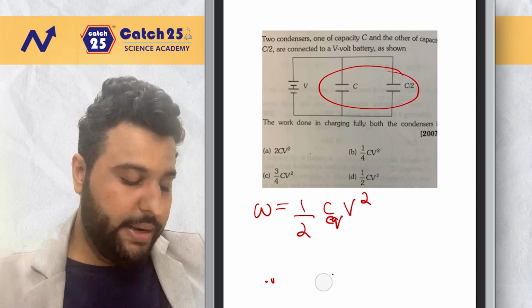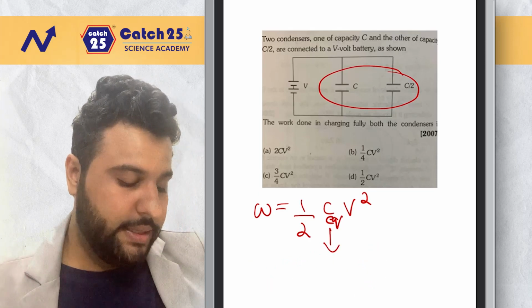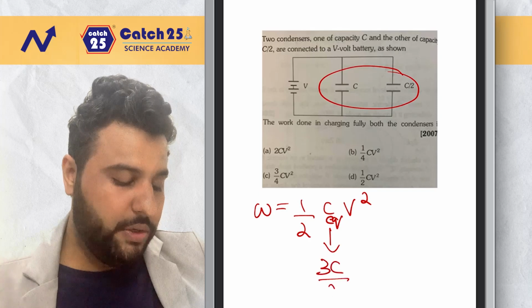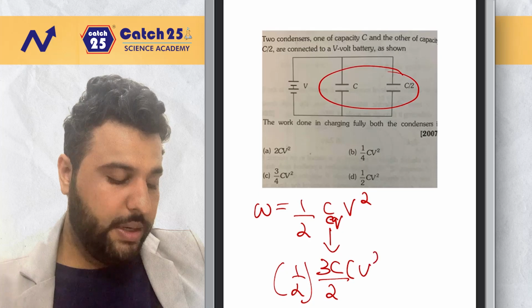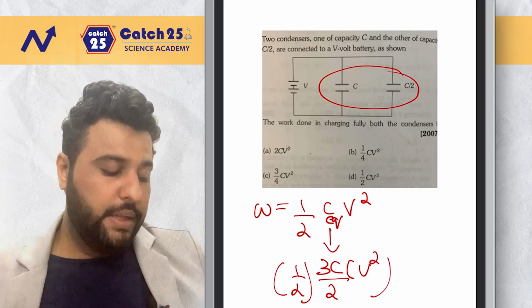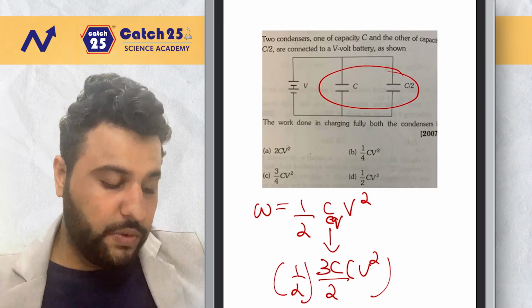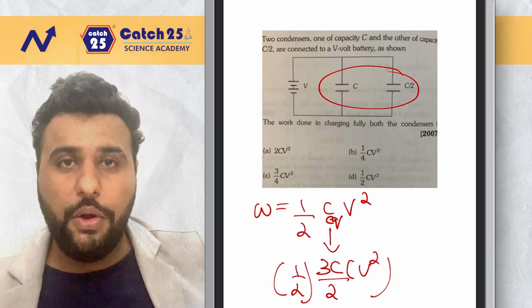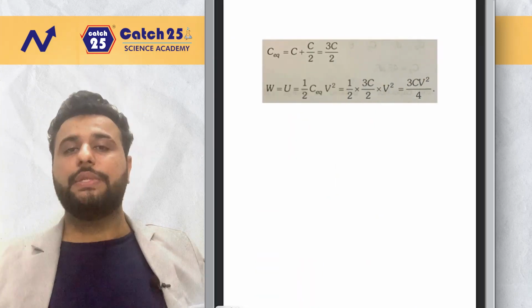Therefore, I can write my equivalent capacitance over here as 3C by 2. Here it will be half, here it will be V square. Therefore, you can understand what will be the answer. It will be 3CV square by 4, which will be option C. It will be option 3, 3CV square by 4.